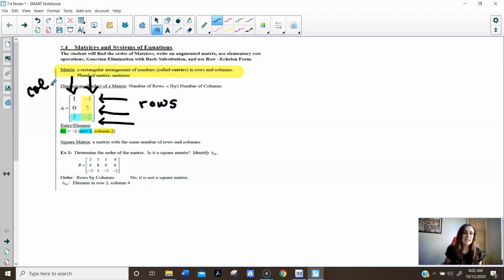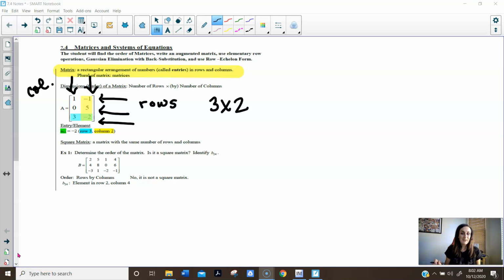So this matrix, we have a dimension or an order. We call the order or the dimension, which is the size, row by column. So notice there are 3 rows. So we would write 3 by, and there's 2 columns. So it's a 3 by 2.